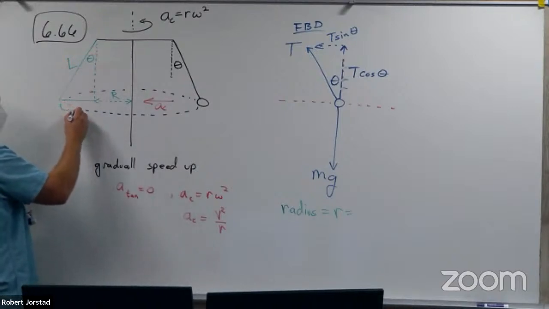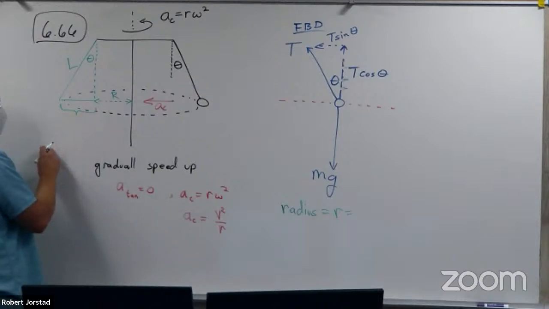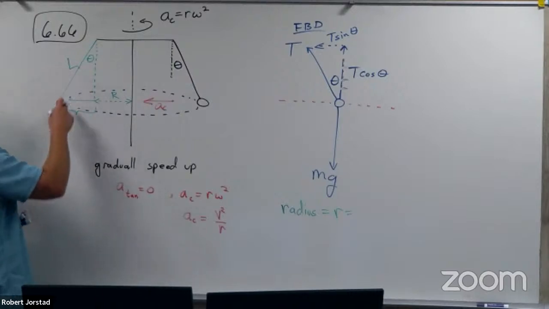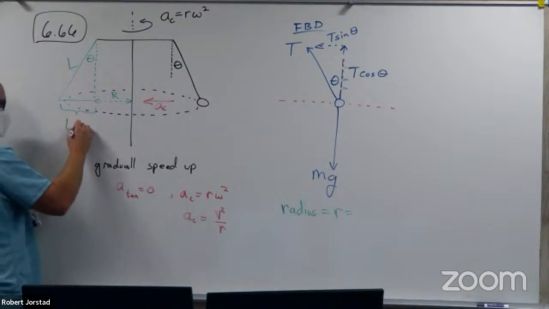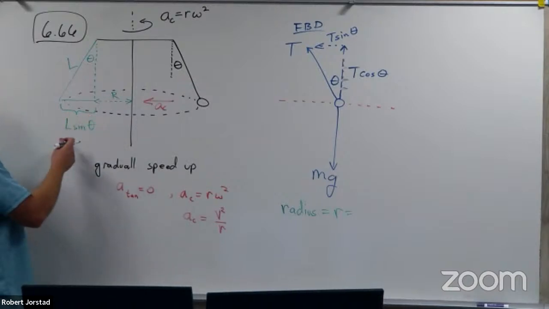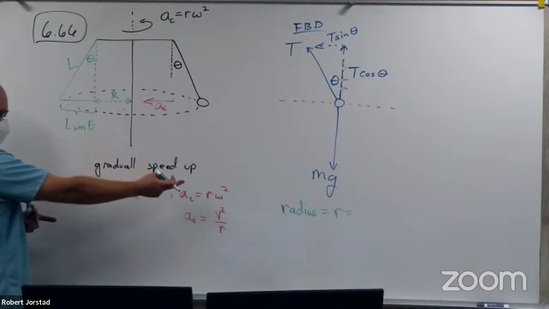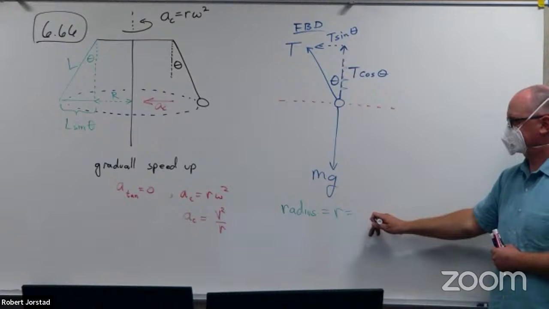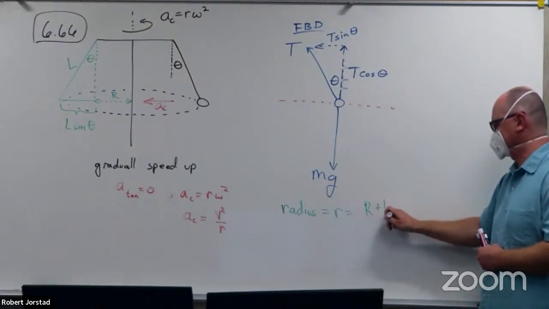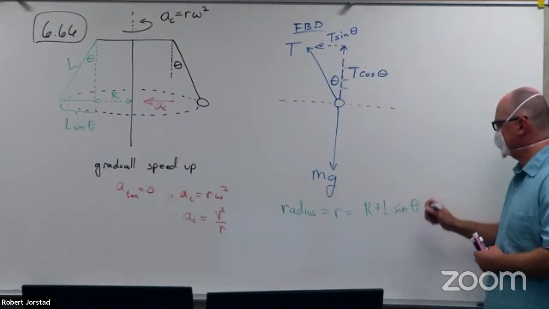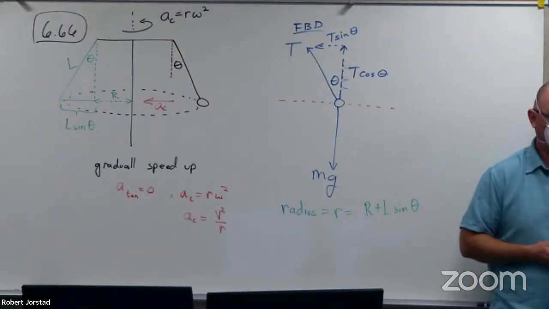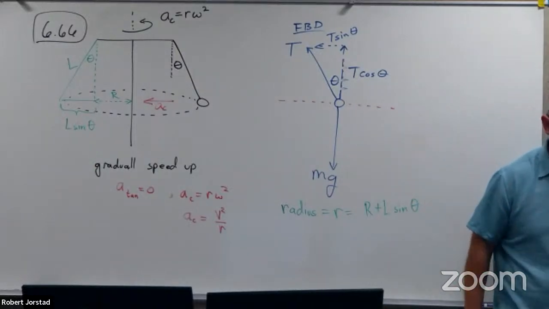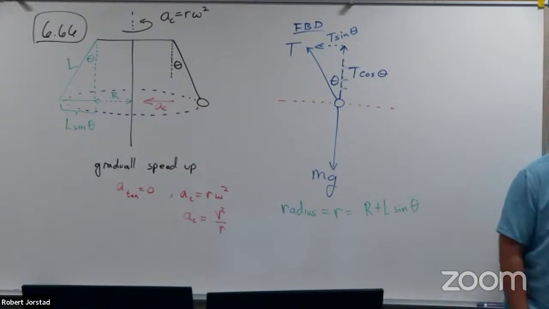So what's this distance right here? Opposite or adjacent? Opposite. L sine or L cos? You got it. So in terms of these two, what's the radius? Money. You got it. The rest of the problem's easy. Agreed? You just do some work and read what you're supposed to solve for and solve for it.